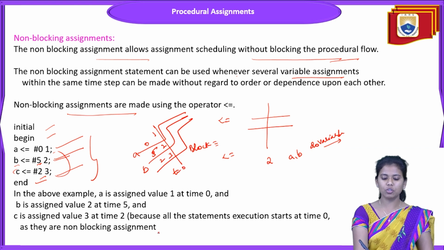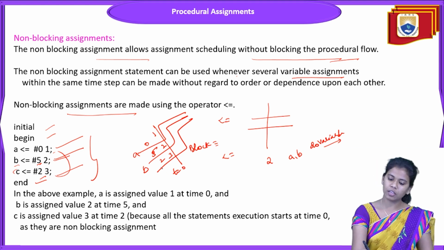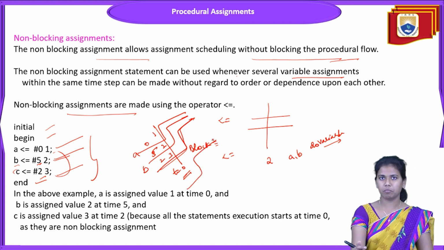At t is equal to 0, the execution of all the variables should start. Then in non-blocking assignments, if the procedure starts at t equals 0, the procedure will continue without blocking any statements.